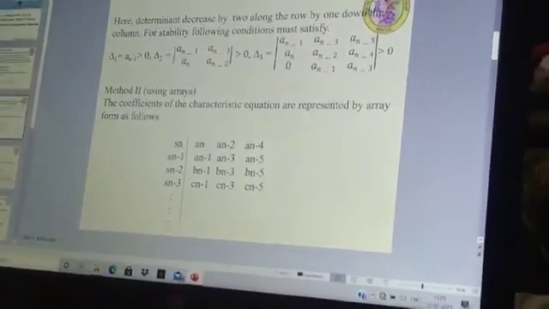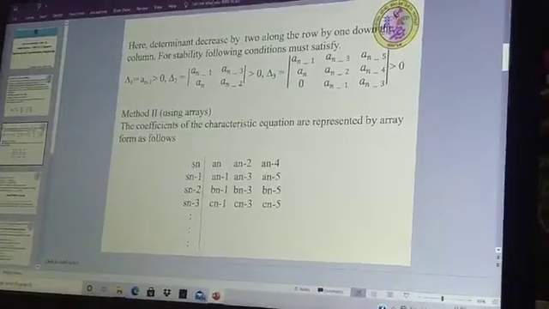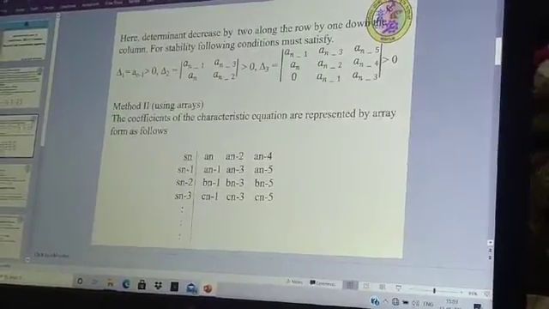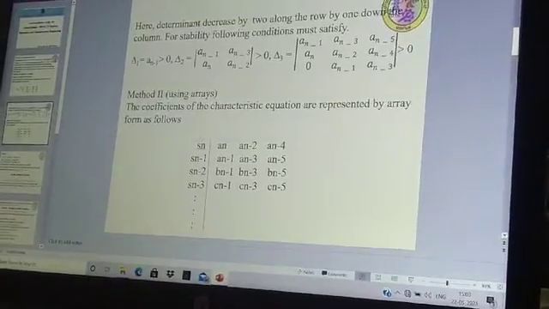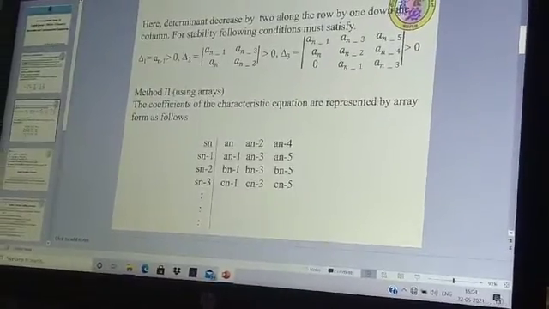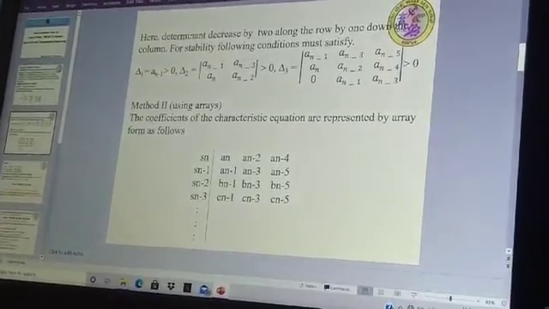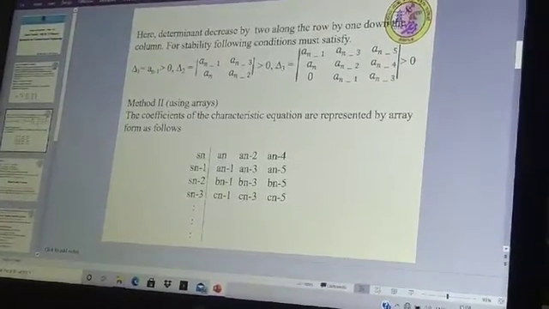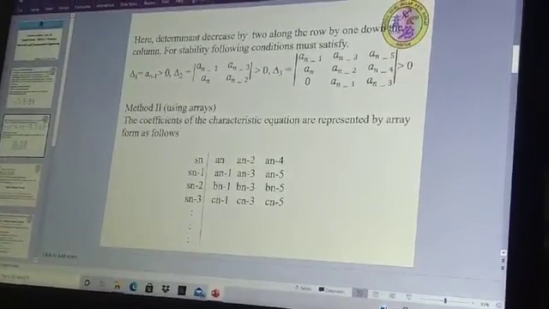In the second method, using arrays, the coefficients of the characteristic equation are represented in array form as follows. In the b of s polynomial, you have s to the power of n, s to the power of n minus 1, s to the power of n minus 2, s to the power of n minus 3, and here you have to write all the coefficients.